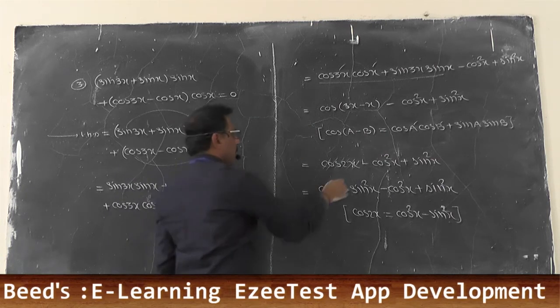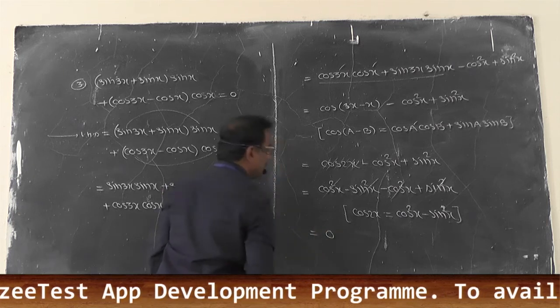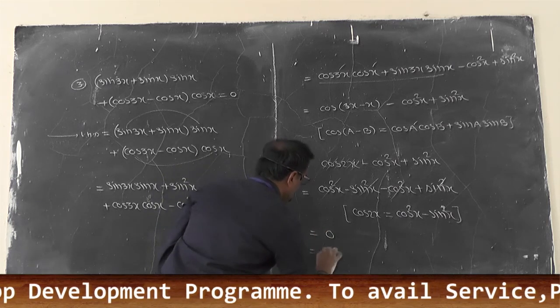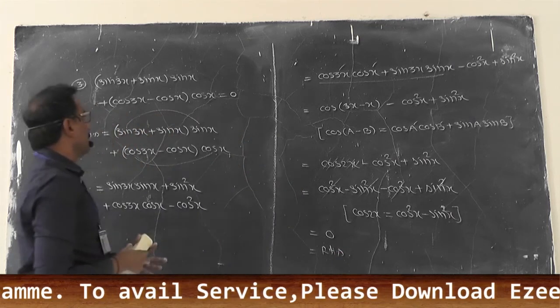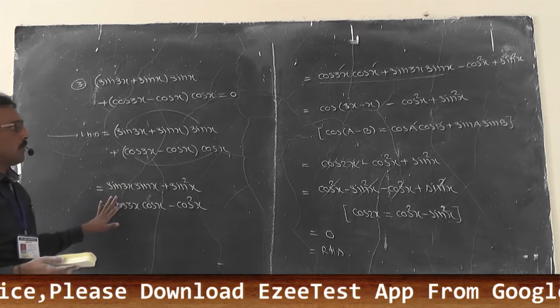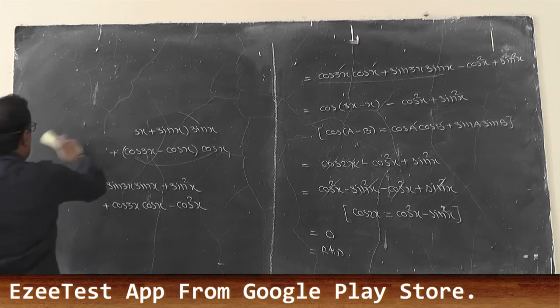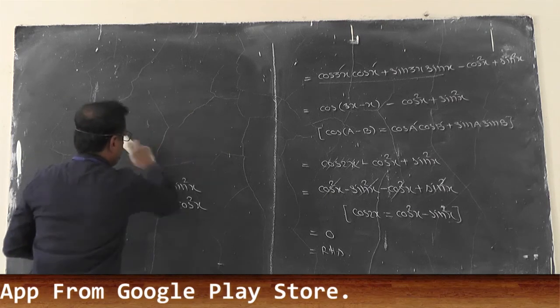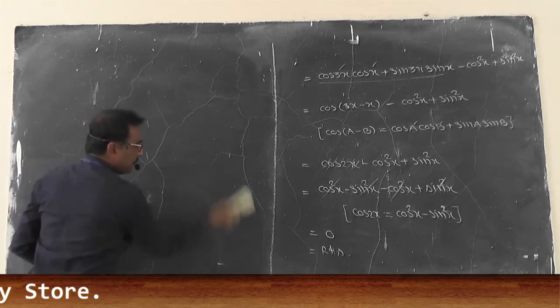Now cancel: cos square x cancels, sin square x cancels, and it is equal to 0, which is the required RHS. The problems are very straightforward, but we have to remember the concepts from trigonometry, allied angle formulae, and basic formulae for compound angles.